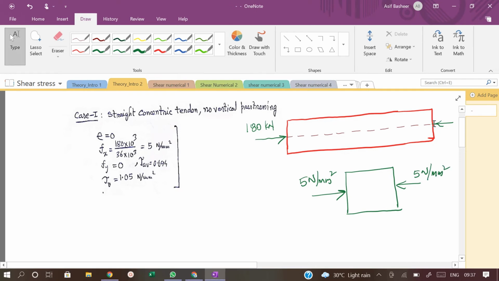Now in the question there isn't any vertical pre-stressing force given, so I can say this vertical pre-stressing force Fy, this is Fx, this is Fy, is equal to 0, and you had found out the corresponding shear stress at that section. That is, you will get the shear stress at that section as 1.05 Newton per mm square.